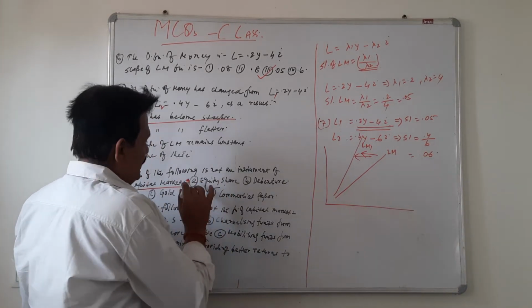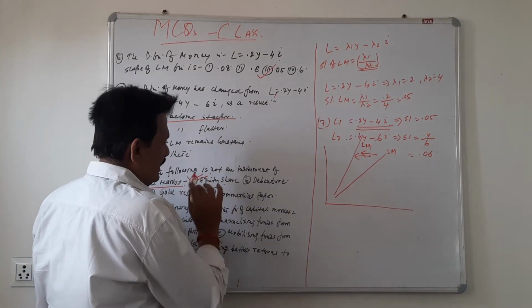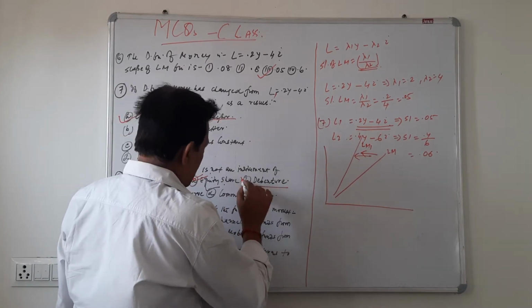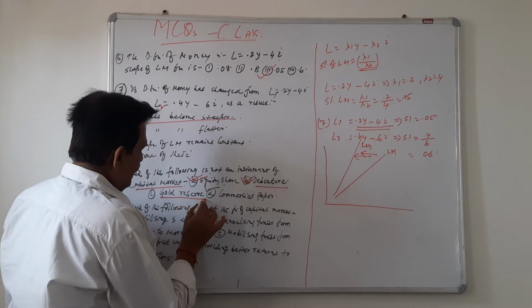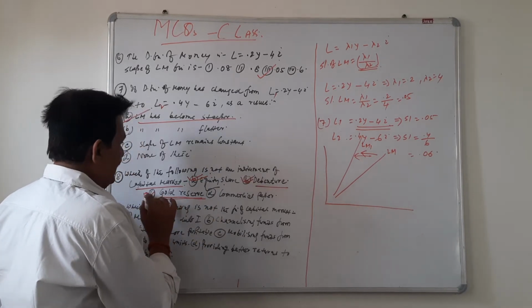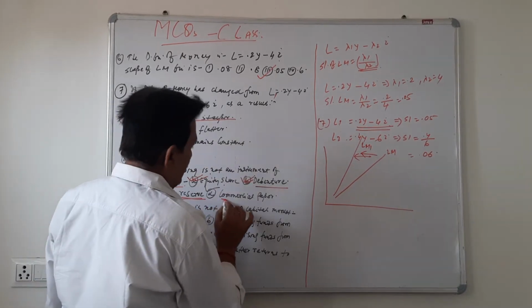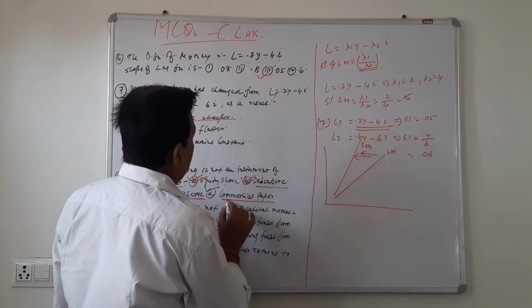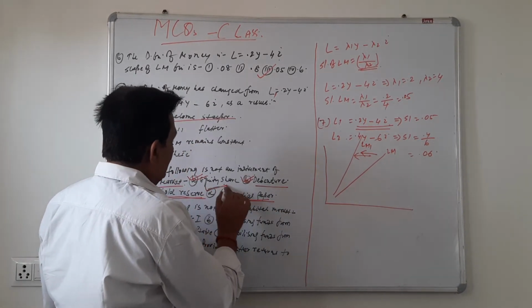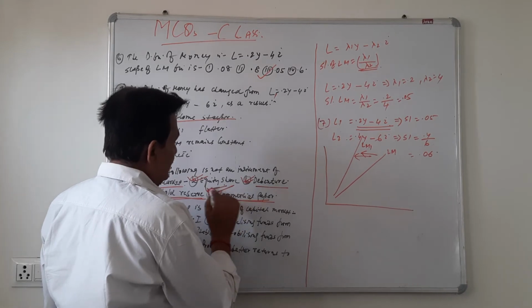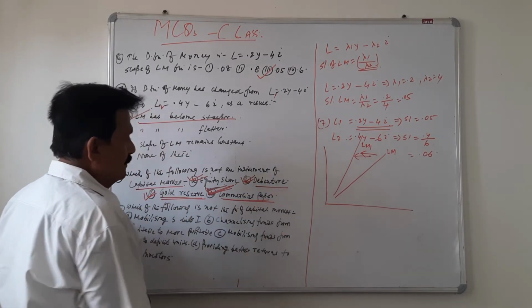Equity share is an instrument of the capital market. Debenture is also a component. Gold reserve is also a component. And commercial paper is not an instrument for the Indian capital market. This has to be kept in memory.